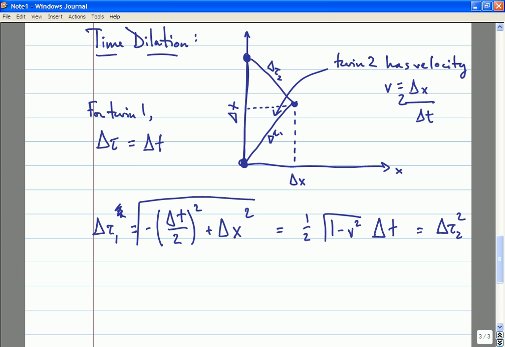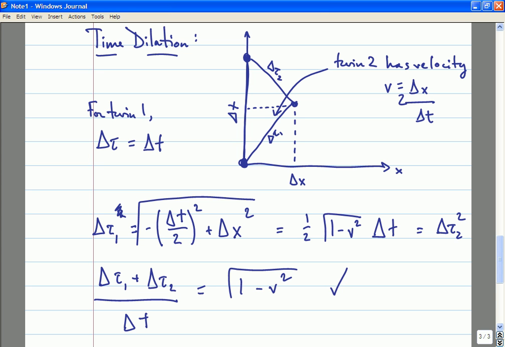So the total time that's elapsed for twin 2 relative to twin 1 is given by the factor, the square root of 1 minus v squared, which is the usual relativistic factor that appears when you're comparing time intervals that are elapsed in rest frames that are moving with respect to one another. So this is the usual relativistic time dilation factor.